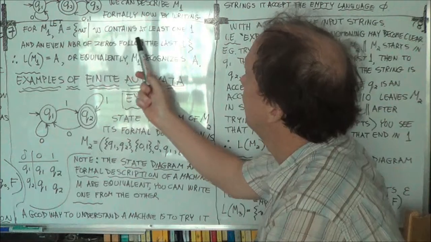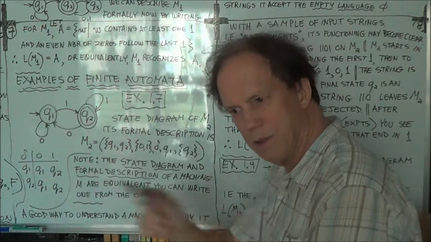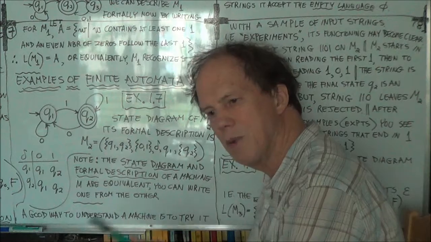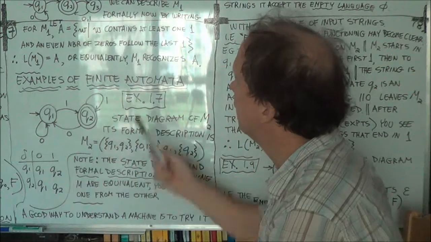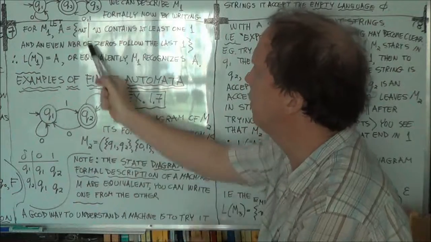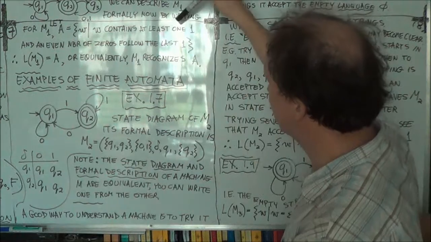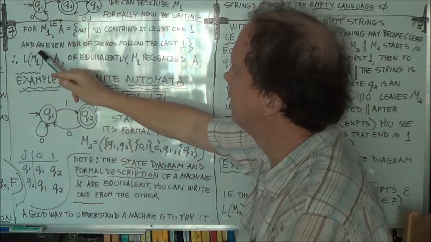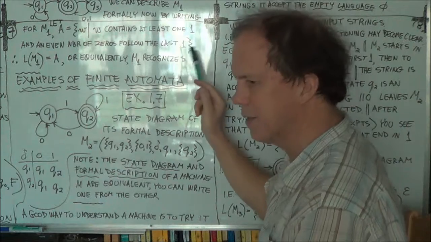Well, after doing some experiments, inputting various different strings to see which ones are accepted and which ones are rejected, eventually you come to some kind of conclusion, and here it is. The accepted strings W contain at least one 1, and an even number of zeros that follow the last one.